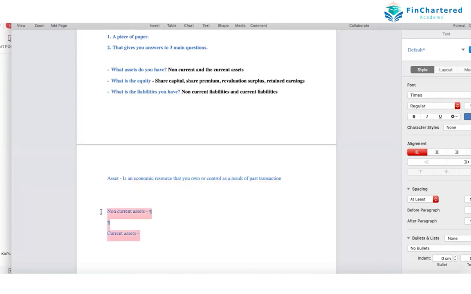Can we name some assets, guys? There are 19 of you present live. Can you name some assets, something that you own or control? Anybody? Just type it. Building. Building is an asset. Machinery.